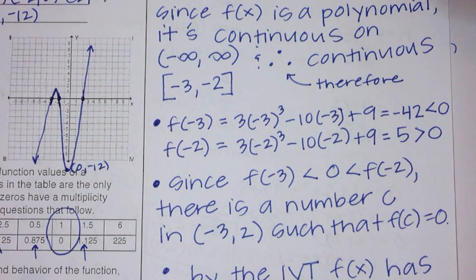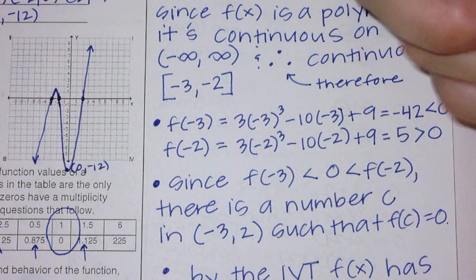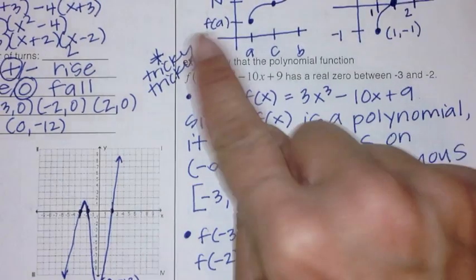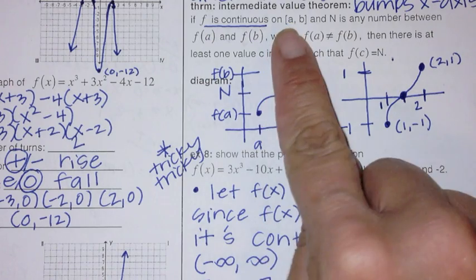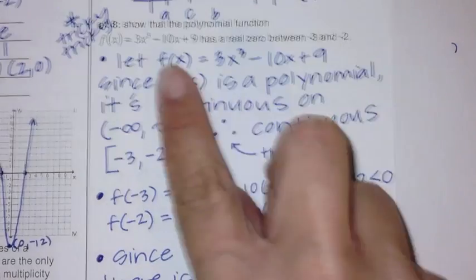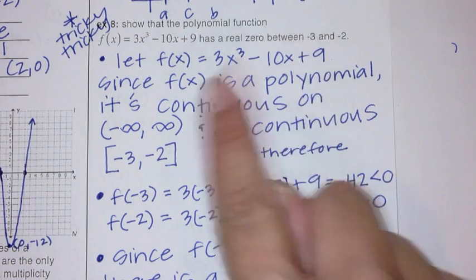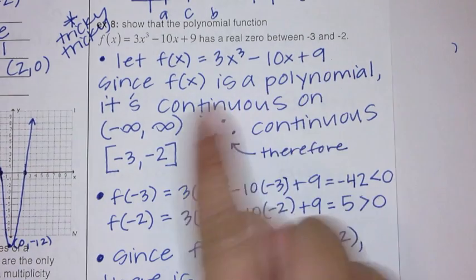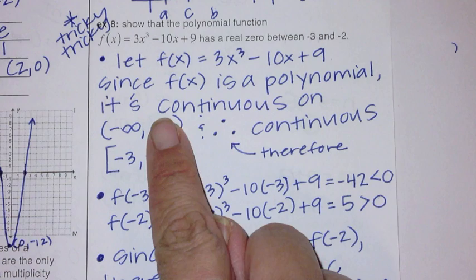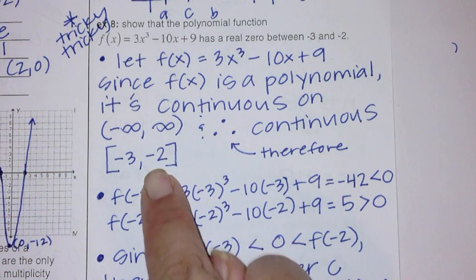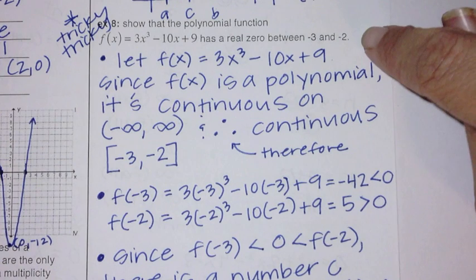So the first condition right here, based upon the definition, is that f is continuous on the closed interval. So we say we have this polynomial, and since it's a polynomial, it's continuous everywhere, and therefore we can conclude if it's continuous everywhere, it's even continuous between -3 and -2.